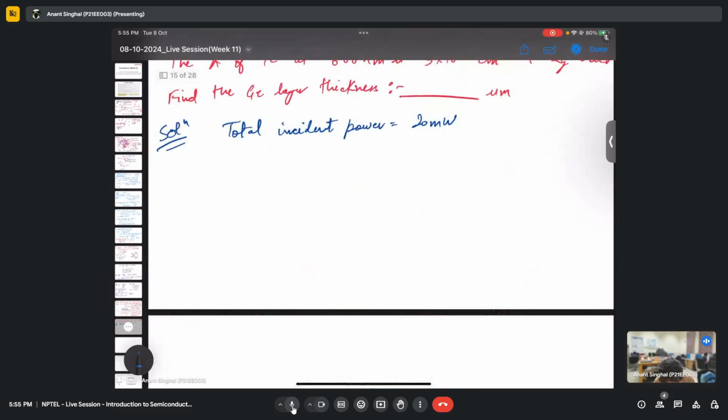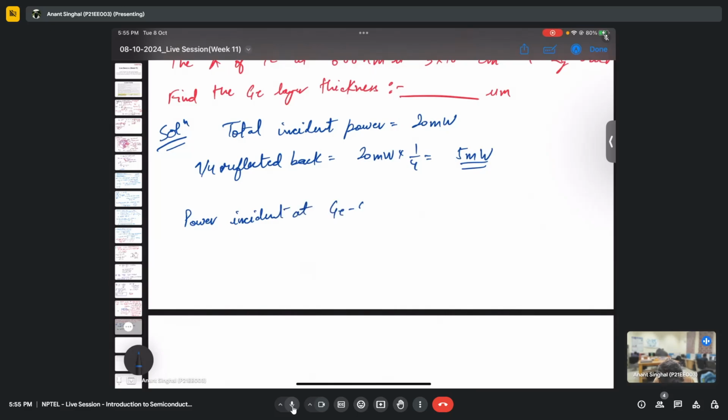So one fourth is reflected back. 20 times one fourth is 5 milliwatt. 5 milliwatt is reflected back. So the power incident at the germanium SiO2 interface now is nothing but 20 minus 5, that will be 15 milliwatts.